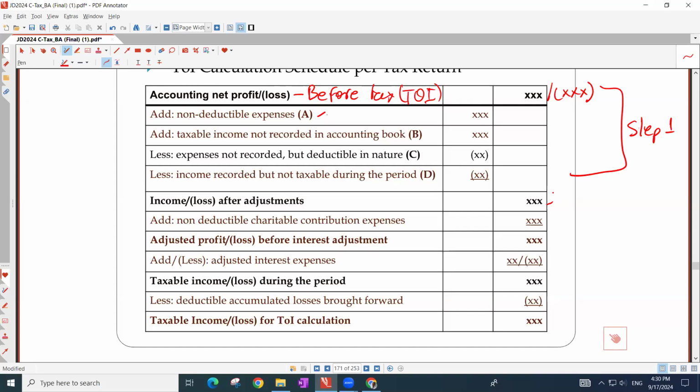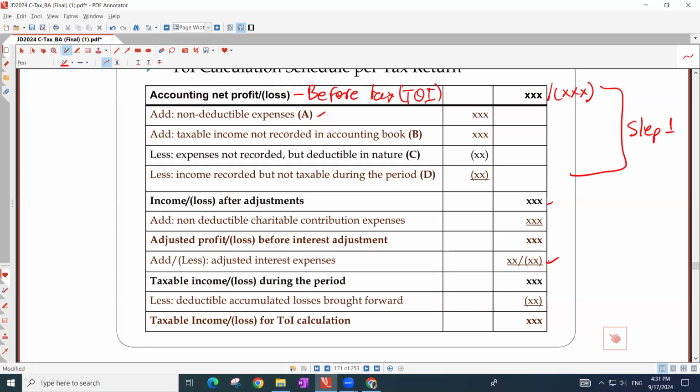After that, we have what we call adjusted profit or loss before interest adjustments. And then we calculate deductible interest expenses. Do you still remember what is the maximum deductible interest expense? Yeah, 50% of net non-interest income plus interest income.